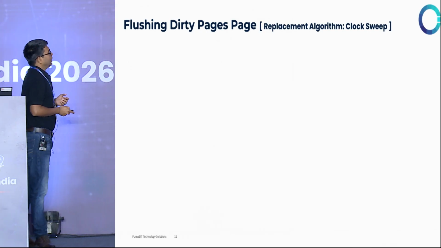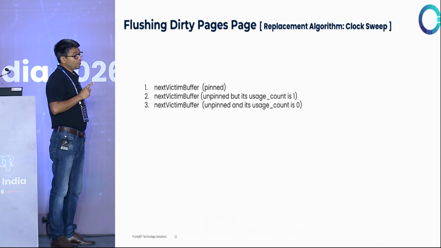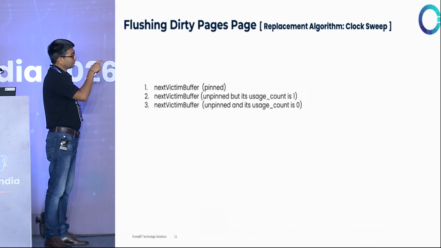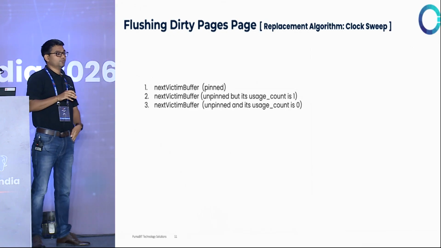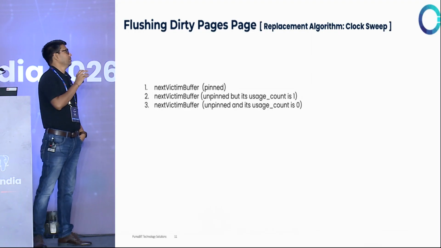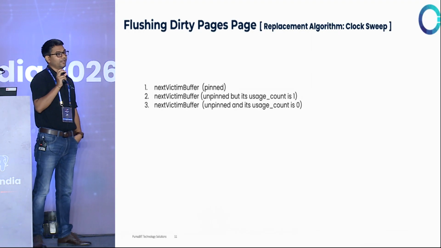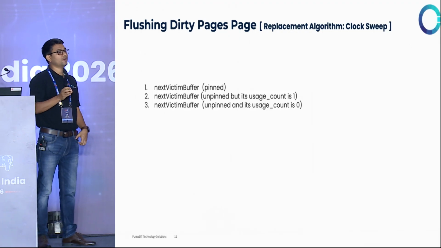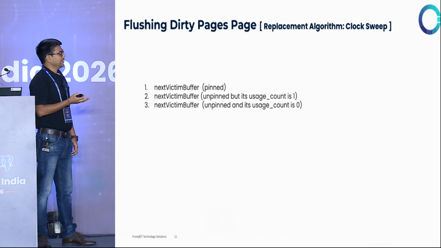To do that, PostgreSQL uses the clock sweep algorithm, which works on these factors. The page or the particular slot will be marked as pinned, unpinned or empty. These are the three states we have, and there is one more state called the dirty state. That's why you call them dirty pages, right?